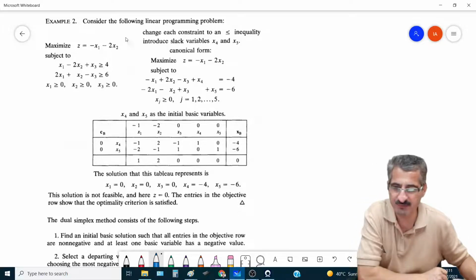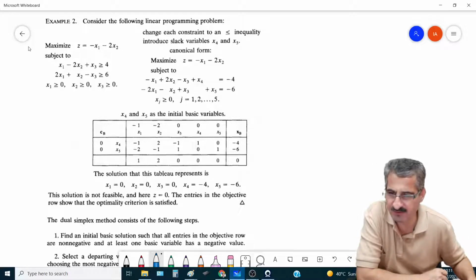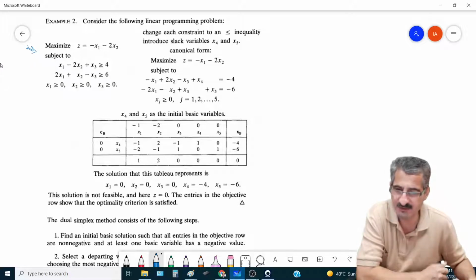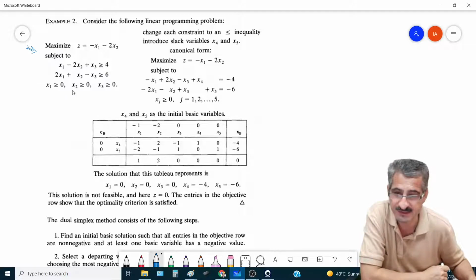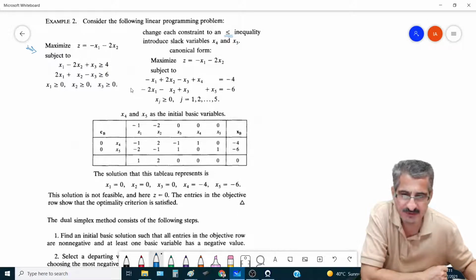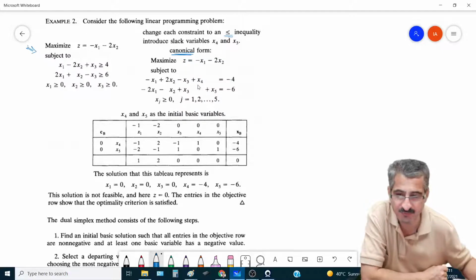For sure, an example will clarify everything. Consider the following problem. This is the original problem here. Maximize z equals negative x1 minus 2x2 subject to these constraints. Now, change each constraint to an equality and introduce the slack variables to obtain the canonical form, and this is the canonical form.